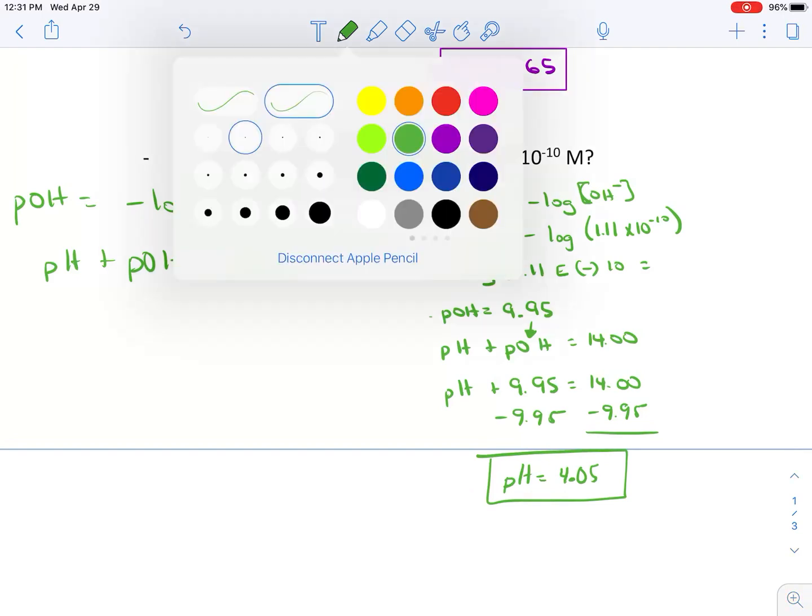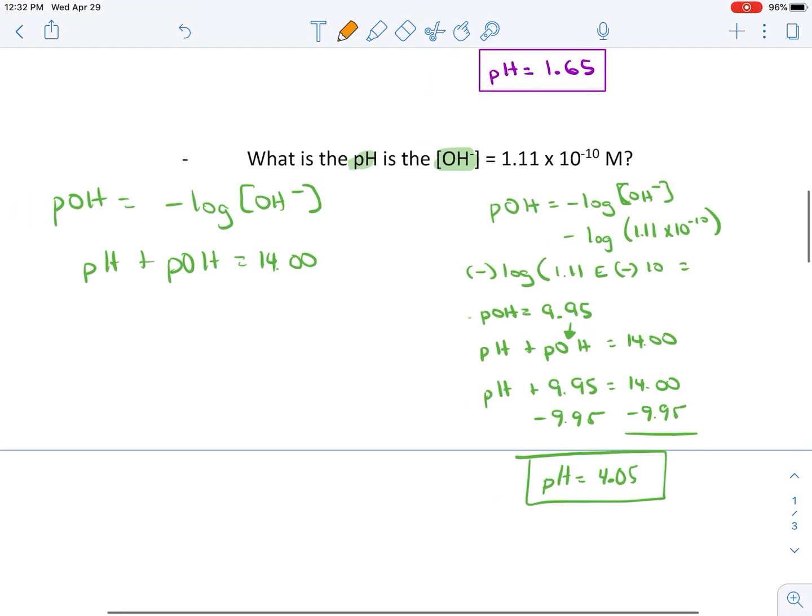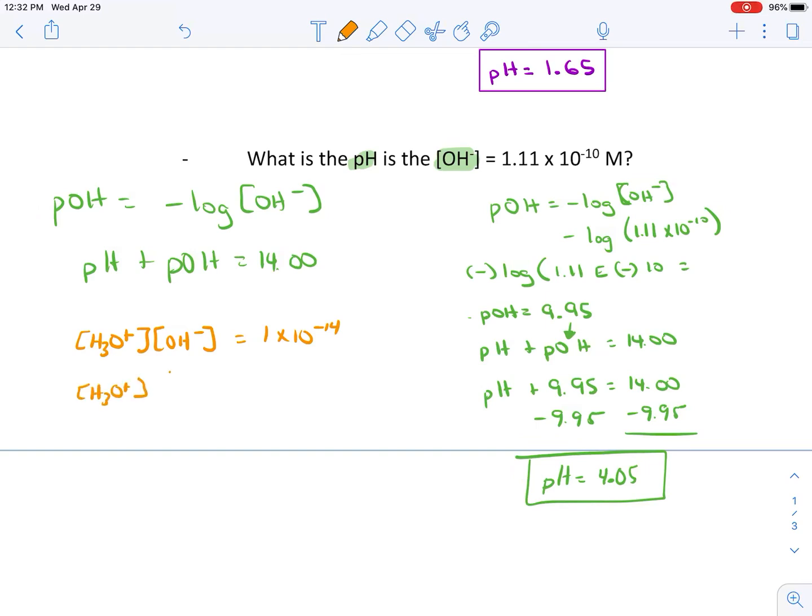All right. The other formula that we could have used is the hydronium ion concentration times our hydroxide ion concentration is equal to 1 times 10 to the negative 14th. We know our hydroxide ion concentration, so we say H3O plus times 1.11 times 10 to the negative 10th is equal to 1 times 10 to the negative 14th.